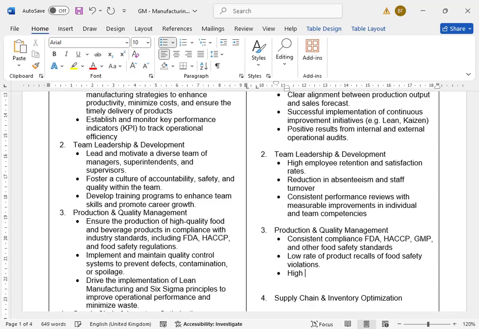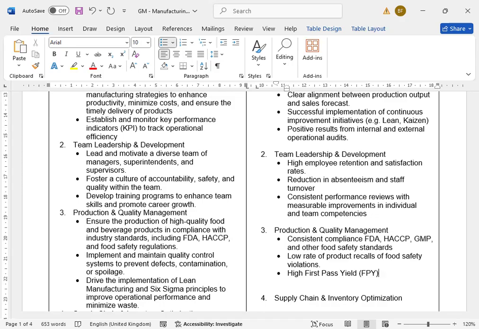Okay, another one is high first pass yield, FPY. What is this? First pass yield is when the first batch or the first attempt to produce has no rejection, no wastage, and your production is successful.